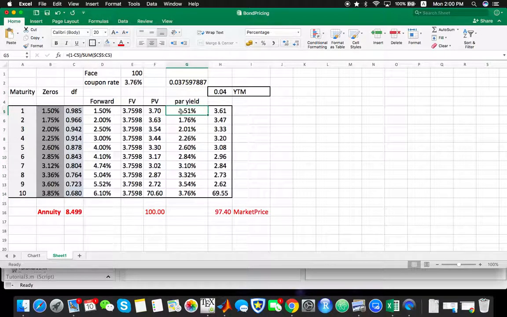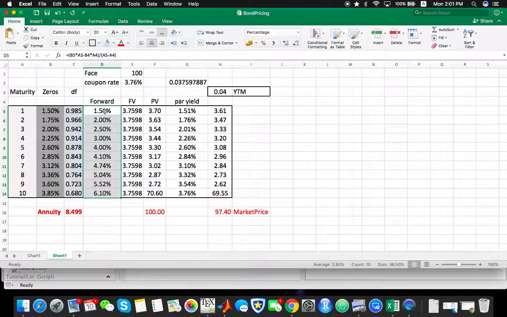represents actually the swap rates if you design a swap contract between the fixed payments versus the floating payments. So the floating payments here are actually represented by the forward rates, because the forward rates are implied by the current spot rates, and this is what we expect the interest rates to be in the future.